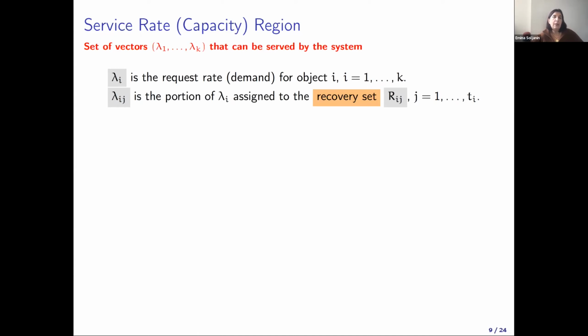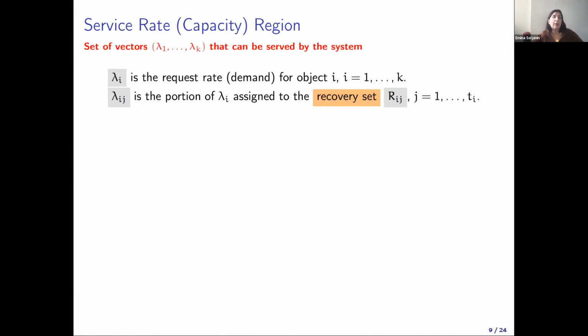Now we generalize this to lambda k. It's not only about content, I would like to remind you, but also computing applications which are asking the storage layer of the system to access certain data. And it can go even beyond the storage into computing.